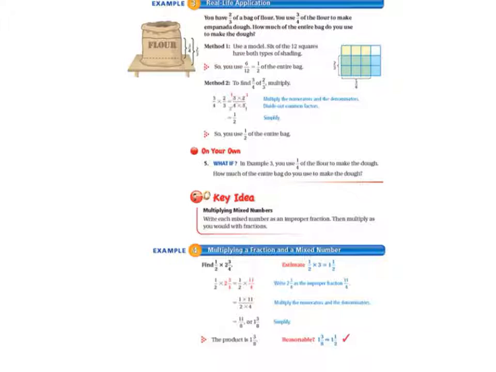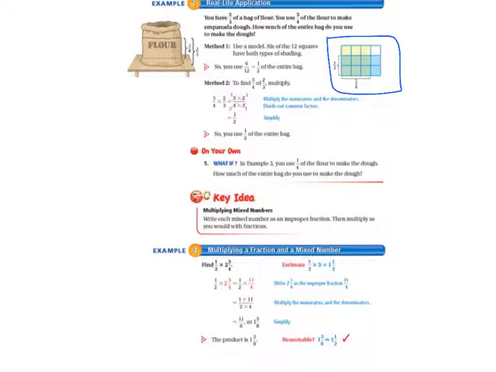Method 1, use a model. 6 of the 12 squares have both types of shading. So we made a quick model off to the side where we shaded 3/4 and we shaded 2/3, and the overlapping squares are shaded green here.